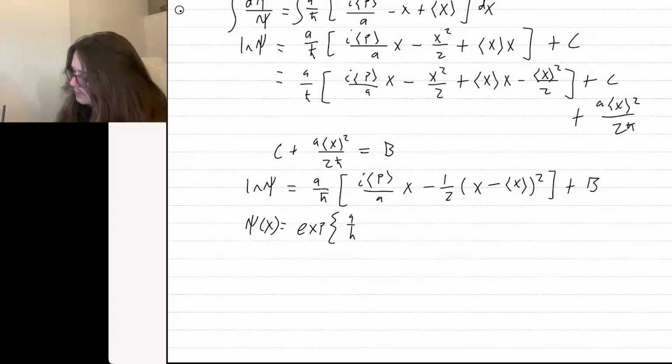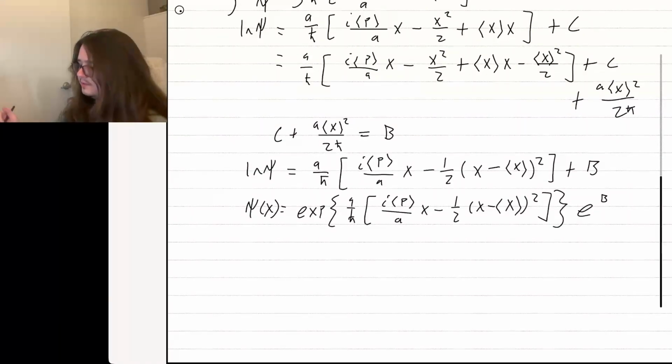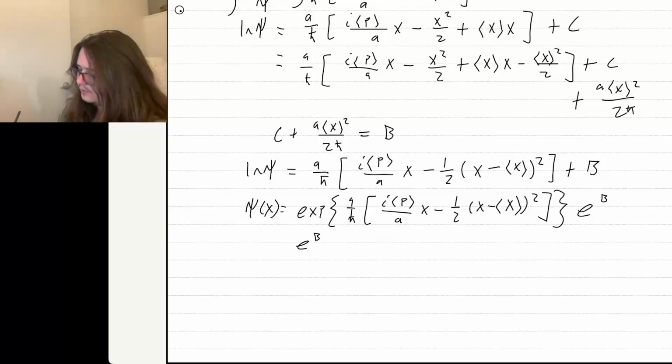It's A over h bar bracket i expectation value of p over A x minus one half x minus expectation value of x squared, close bracket, close curly brackets, and then out here we have e to the b, which we can call our normalization factor A, which is how Griffiths got the form that he did in the textbook. b is a constant, so I can just call it whatever I want. e to the b is a new constant, which is A.